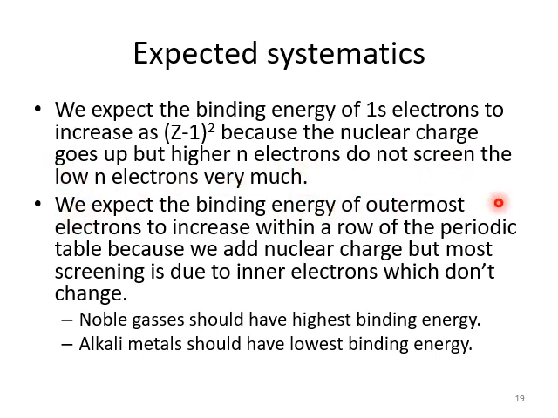And we expect the binding energy of the outermost electrons to increase within a row of the periodic table, because if we're within the row, as we add nuclear charge, then the outermost electrons are actually in the same orbital as the previous electrons, and as a result, they do screen one another to a certain extent.